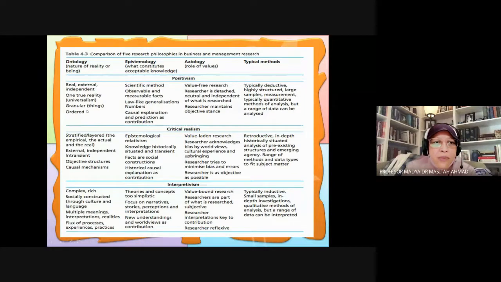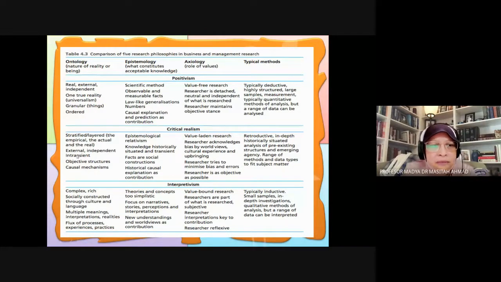So when it comes to the next layer, this is under positivism for ontology, which is real, external, independent, and so on. And the next one, under critical realism, you can use these stratified layers: the empirical, the actual, and the real, meaning the actual and the real happening in society and so on about our research.